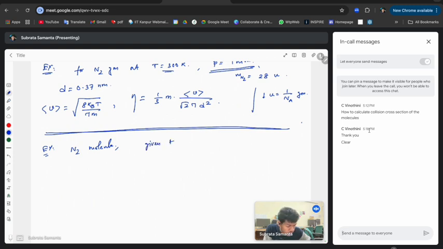So given the density, let's say rho, and eta is the coefficient of viscosity.